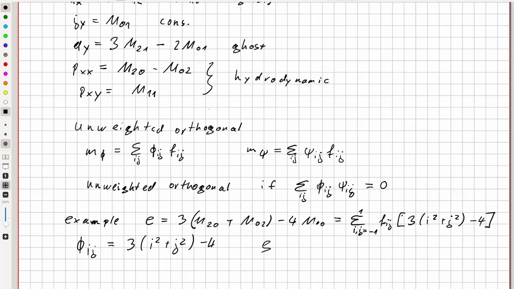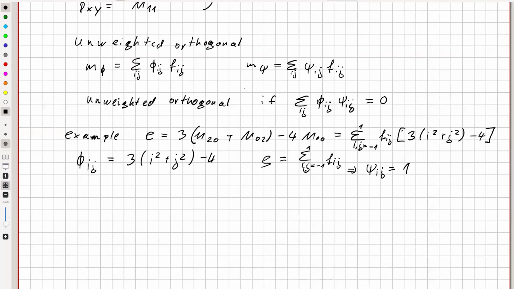We are just looking now at rho. Rho is the sum over ij from -1 to 1 of fij. So what is the psi ij here? It's just 1, right?